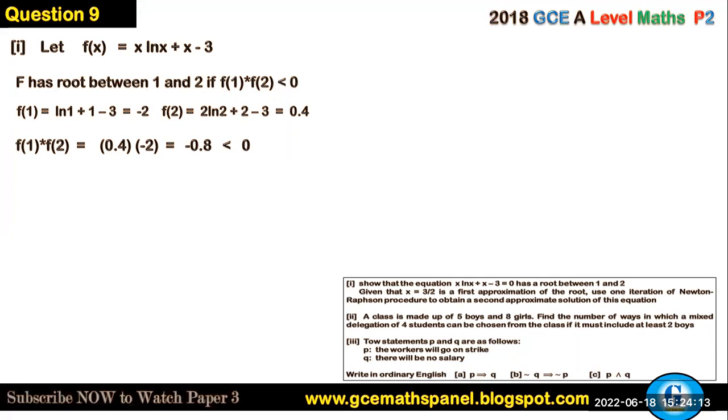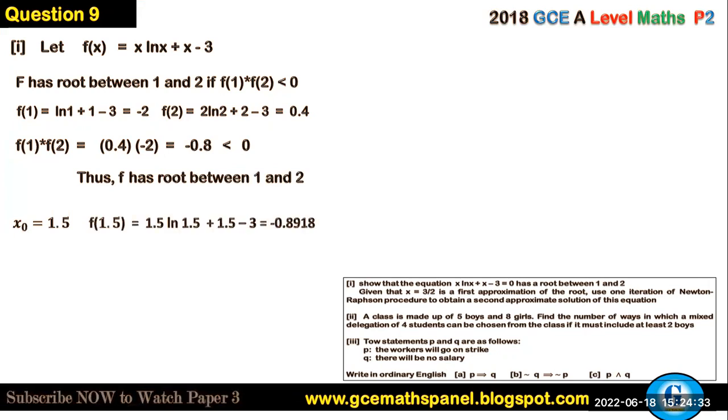Now, given that x equals 3 on 2 is a first approximation of the root, use one iteration of the Newton-Raphson procedure to obtain a second approximate solution of this equation. So our x0 here has been given. x0 is the first approximation of the root, while x1 is the second approximation. For us to find the second approximation, we need f of x0, that is f of 1.5, and that gives us minus 0.8918.